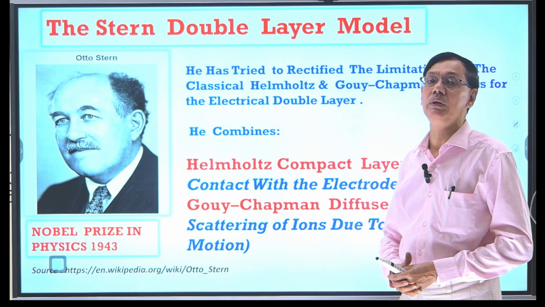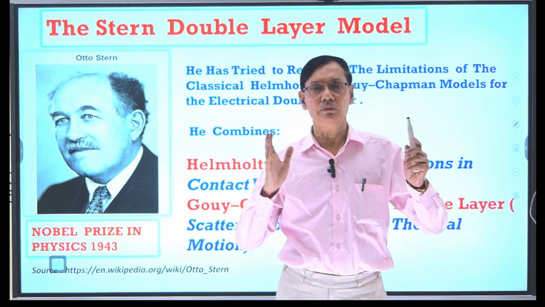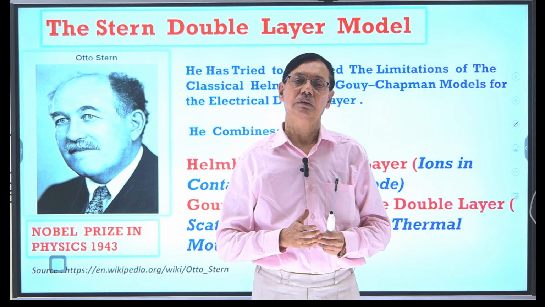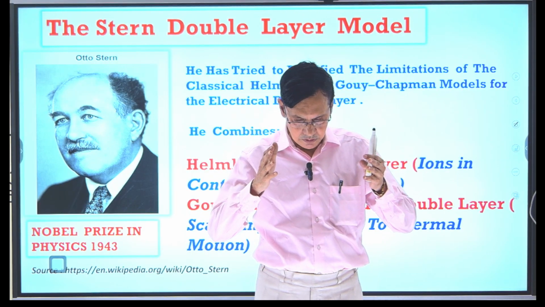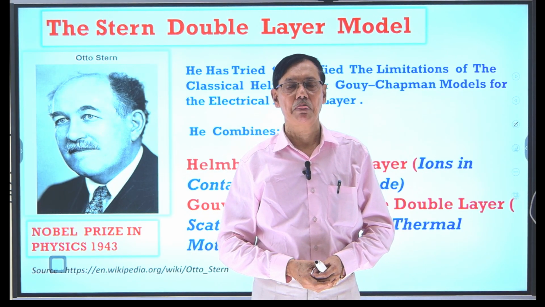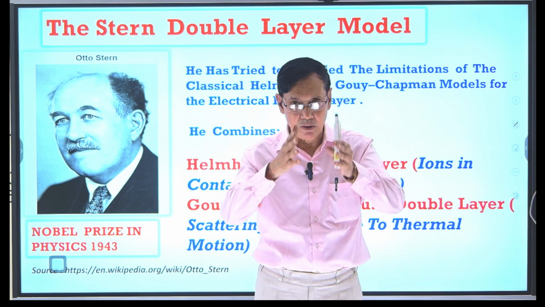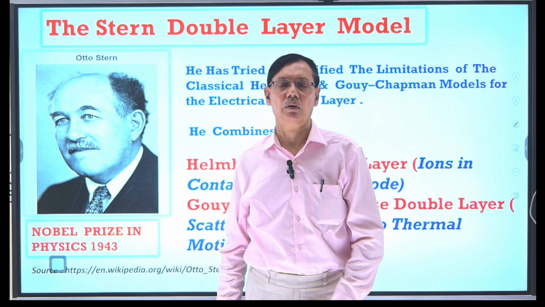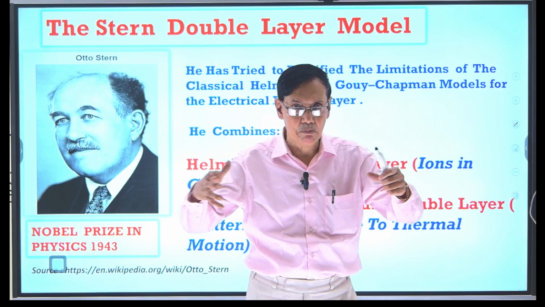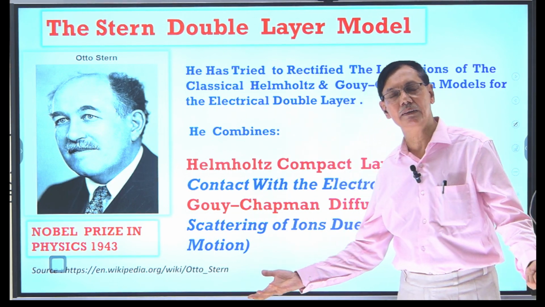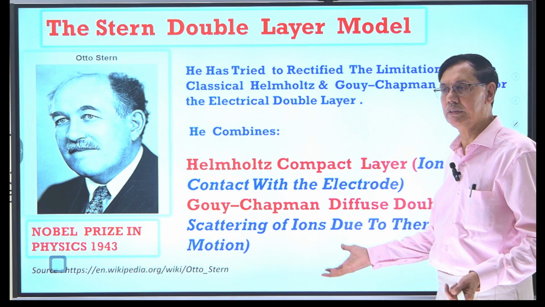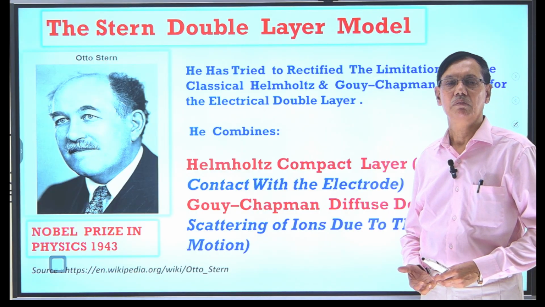He proposed this new theory. Now, the theory is very simple, because if you understand the Helmholtz model, or compact layer, and the diffuse layer of the Gouy-Chapman model, and combine these two things, you will get the final derivation of the Stern model.